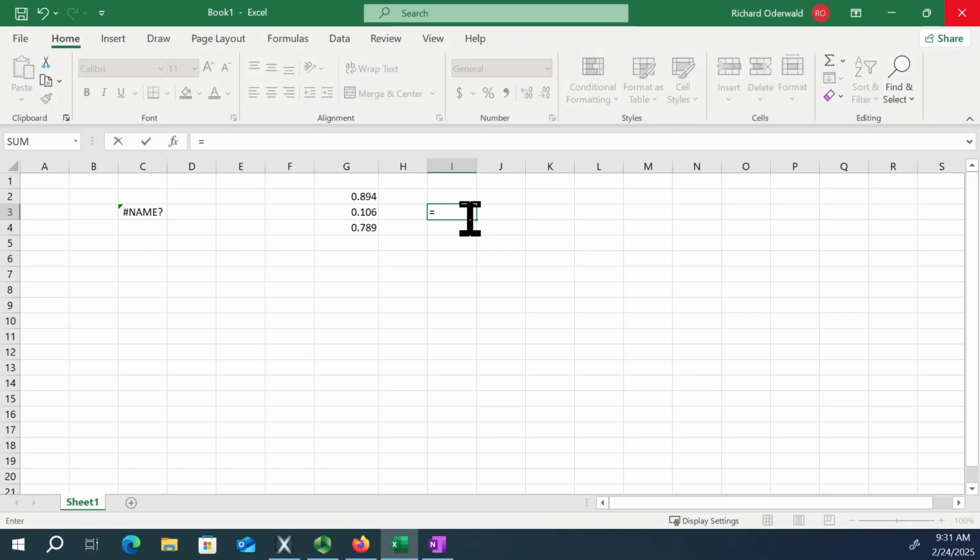I'm going to do norm.INV. I have a probability. I want the value. 0.85, and I still have to give it the mean and the standard deviation, so it knows what to do. 0.85, 7.625, and 0.02.